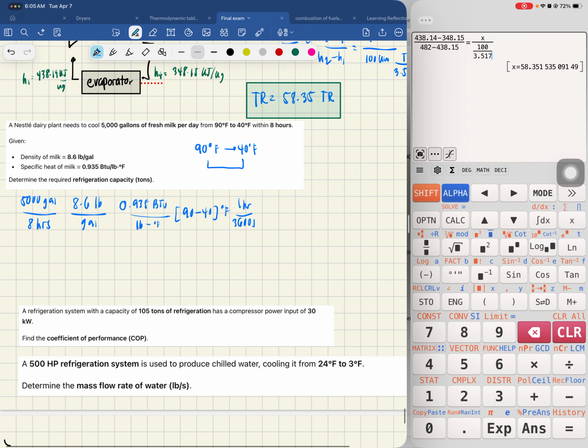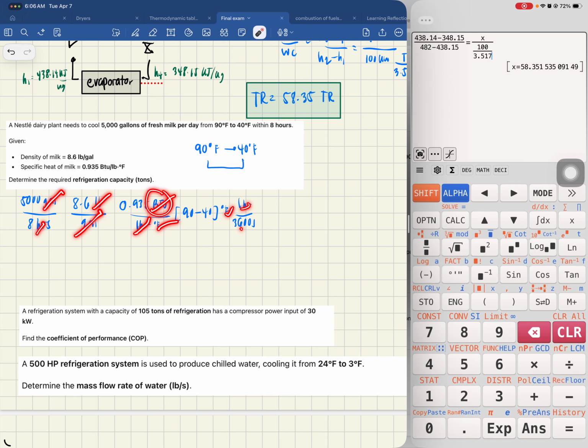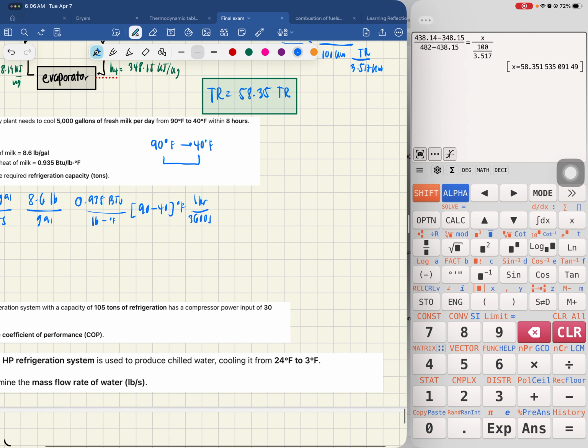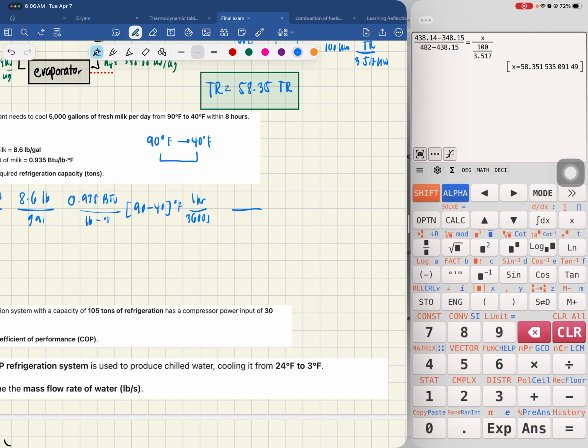tons, there are different ways to solve this, but I'm going to use the one I'm very familiar with. So cancel gallons, pounds, degrees Fahrenheit, hours, left with BTU per second. You can use any conversion, but this is the one I'm very familiar with.